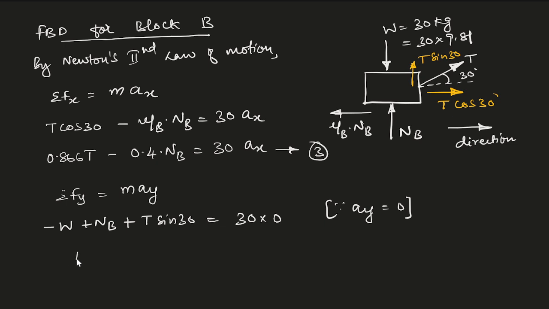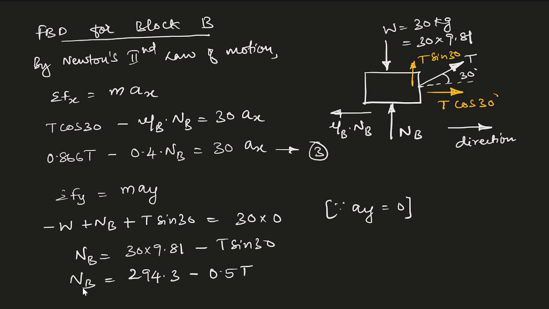Now we have to go for N_B. N_B will be equal to 30 into 9.81 minus T sin 30. If you do the calculation, 30 into 9.81 gives me 294.3, minus sin 30, which is 0.5 T. This is the value of N_B.